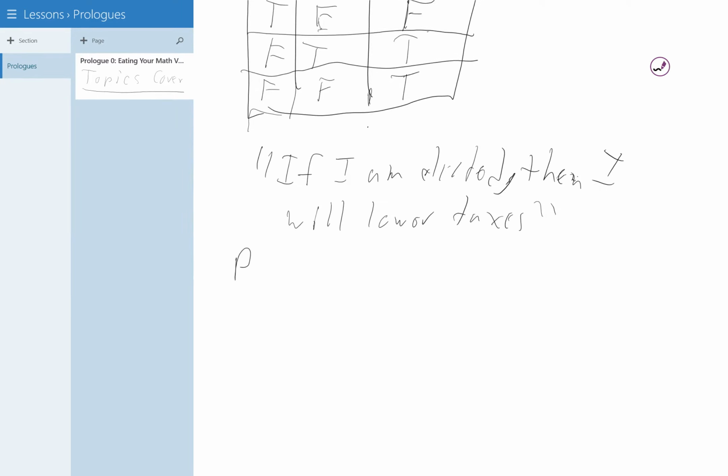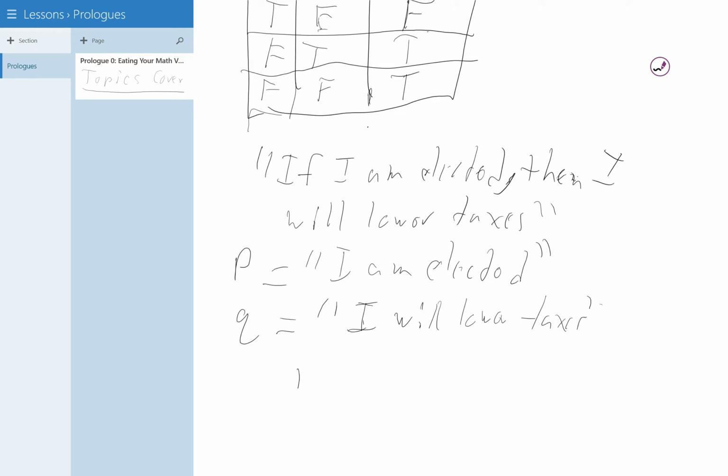P will be "I am elected," a statement that is either true or false. The other proposition is "I will lower taxes." Note that if you do P implies Q, you get the sentence above: if I am elected, then I will lower taxes.